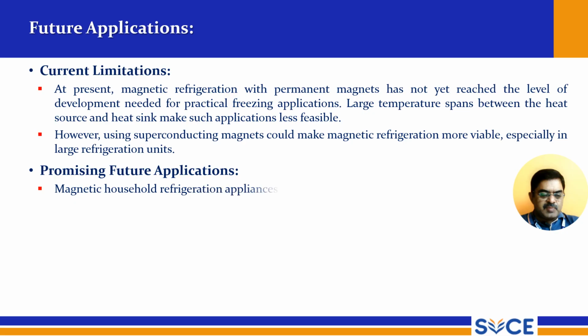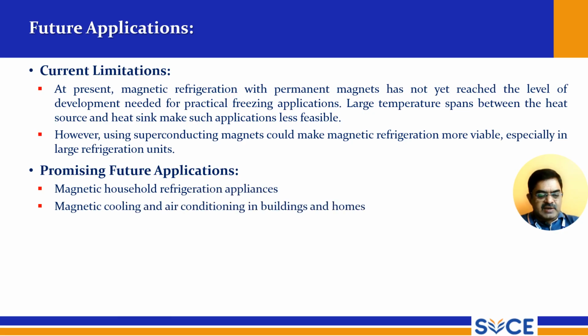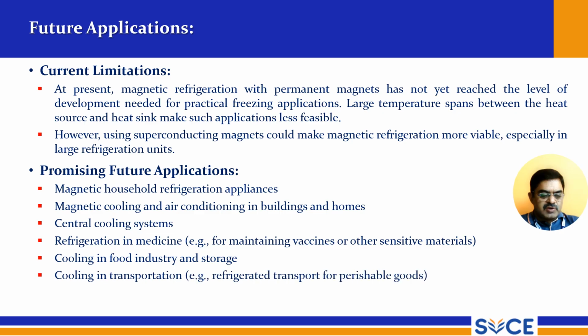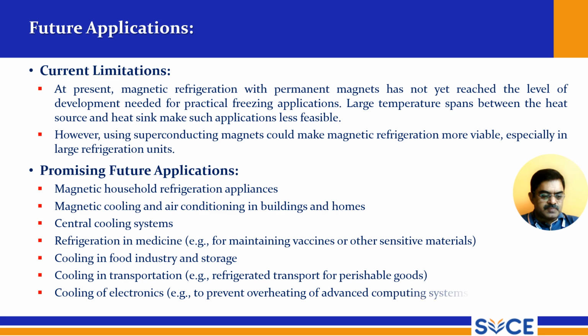And promising future applications: household refrigeration, magnetic cooling and air conditioning in buildings and houses, and central cooling systems; refrigeration in medicine for maintaining vaccines or other sensitive materials; cooling in food industry and storage; cooling in transportation, refrigerated transport for perishable goods; and cooling of electronics, to prevent overheating of advanced computing systems. So there also we can employ this magnetic refrigeration system.